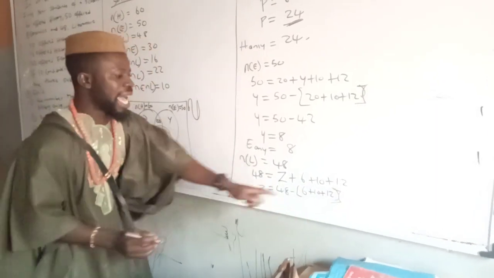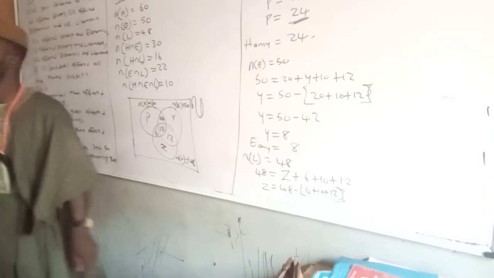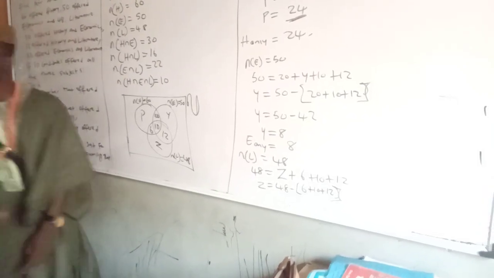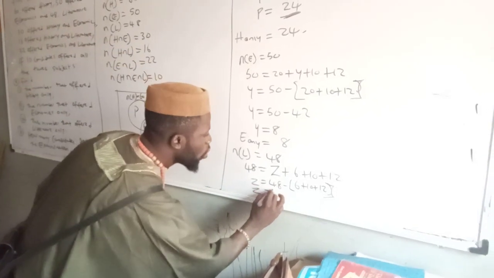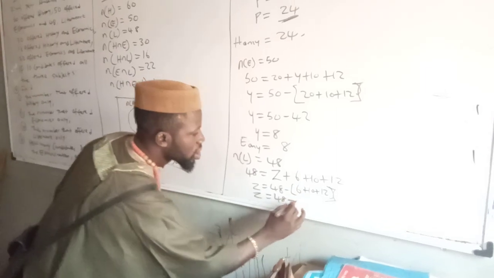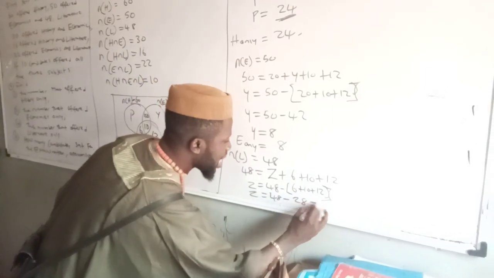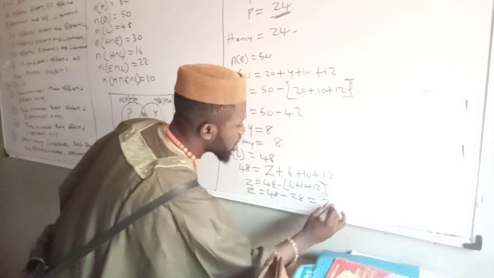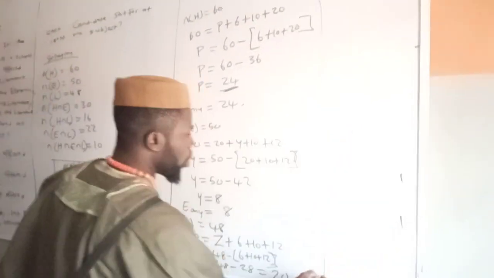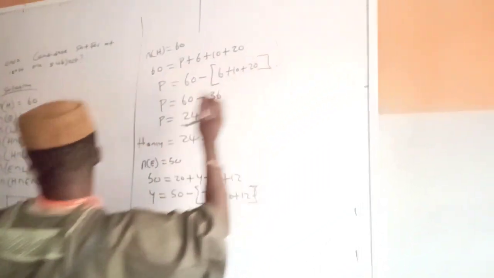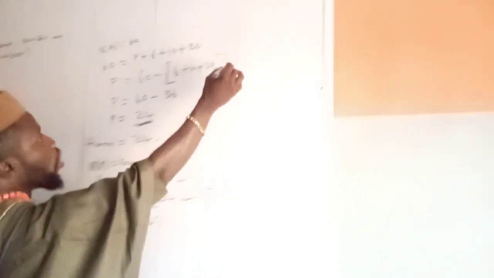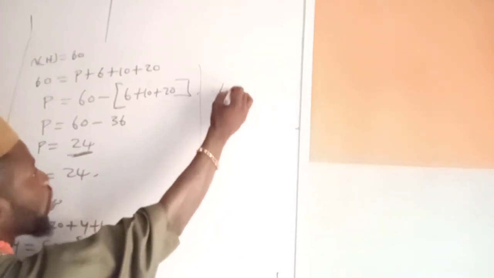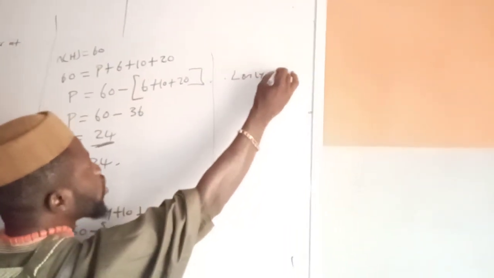And 6 plus 10 is 16, plus 12, that's 28. So Z equals 48 minus 28, and that will give us 20. So therefore, our literature only will be 20.